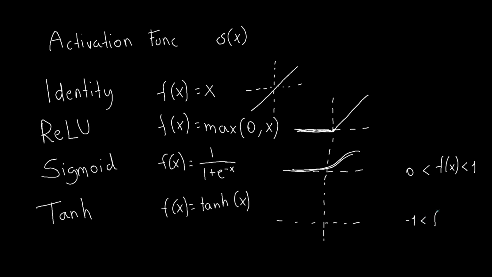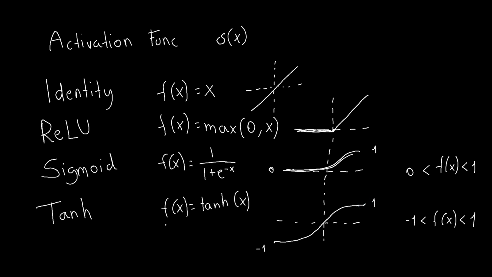The function goes between -1 and 1, so it is a little bit deeper. This part tends to 0, and this part to 1, and in the hyperbolic tangent we have a -1 here and a 1 here.